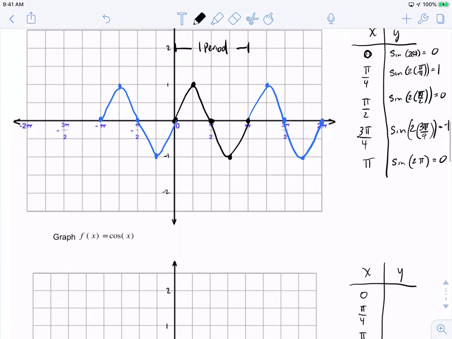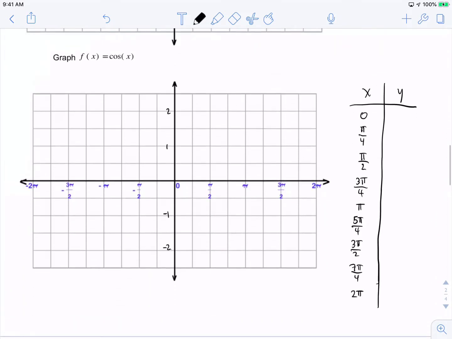Let's go on to cosine and see what cosine looks like. With cosine, again, I'm going to use values that were easy on the unit circle. Cosine of 0 is 1. Cosine of pi over 4 is radical 2 over 2, which is again 0.707. It's 0 at pi over 2. It's negative radical 2 over 2 at 3 pi over 4.